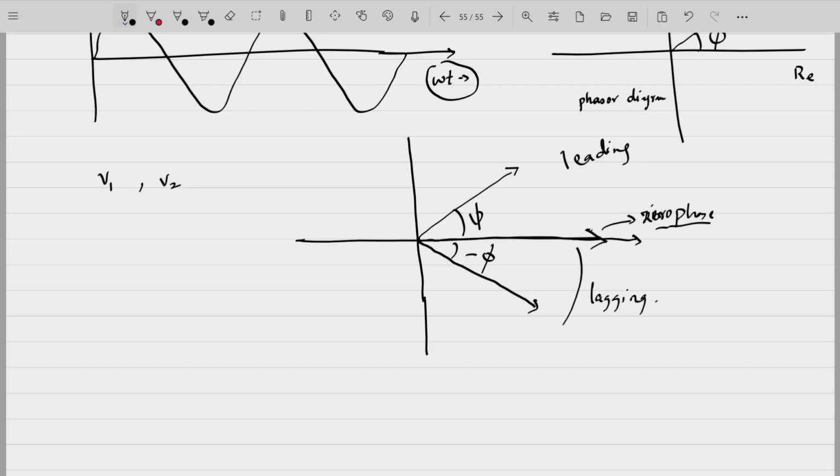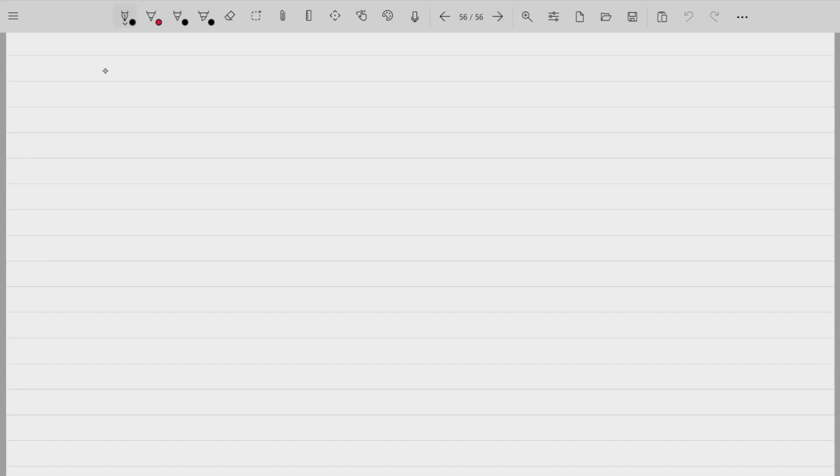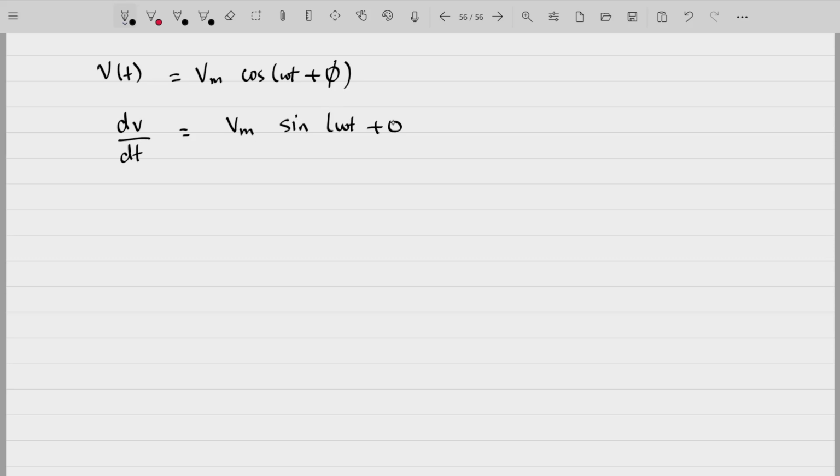One more thing. Say for example you have a quantity Vt equal to Vm cos of omega t plus phi in the sinusoidal form. If we differentiate this quantity, dV by dt, we get Vm sin of omega t plus phi, and also the internal differentiation. A negative sign will come upon differentiation, and the internal differentiation will simply be omega.